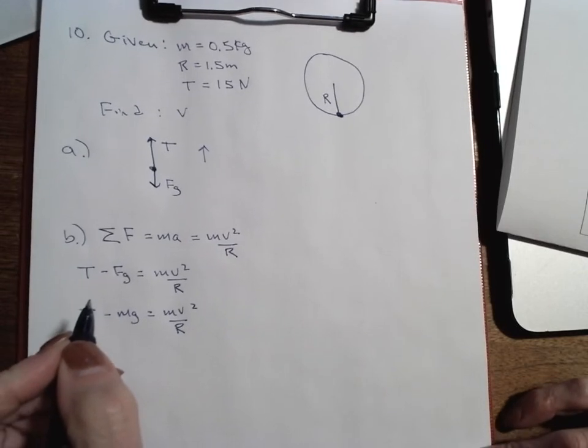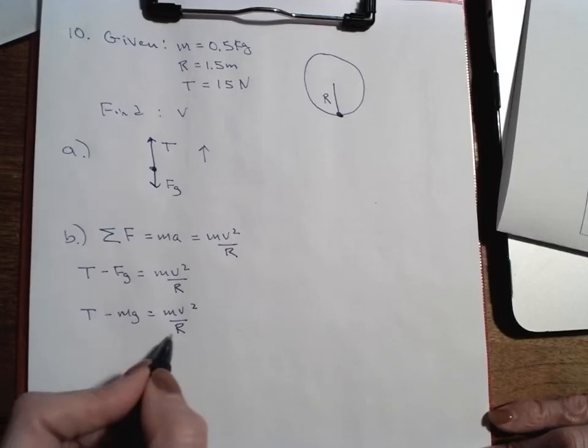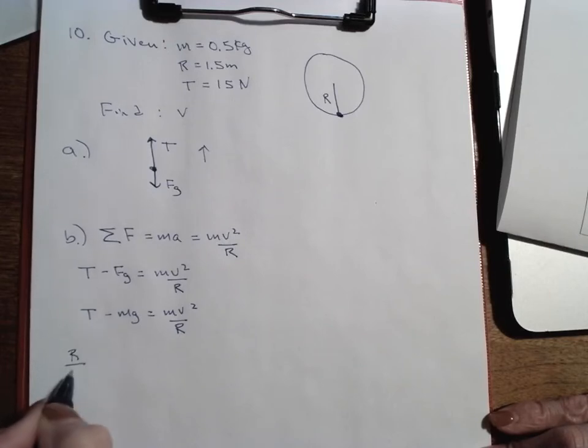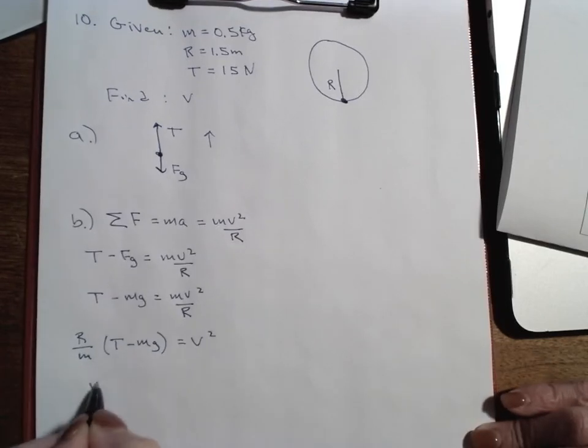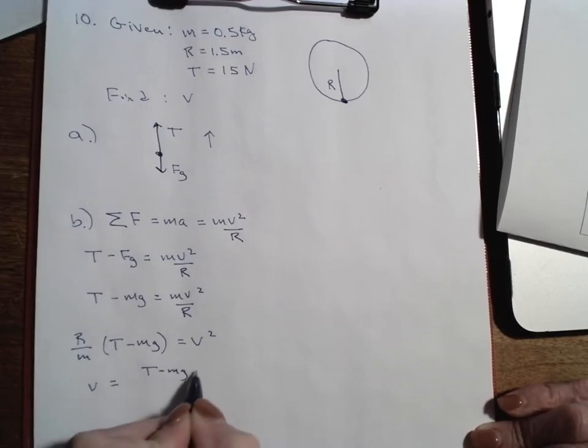Now we're interested in V, so I'm going to multiply both sides by r over m. So r over m times (T minus mg) is equal to V squared. So V is equal to the square root of (T minus mg) times r, all over m.